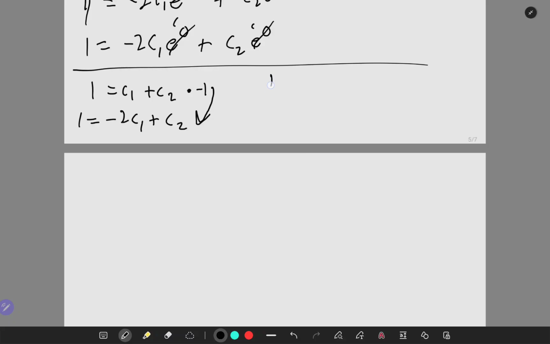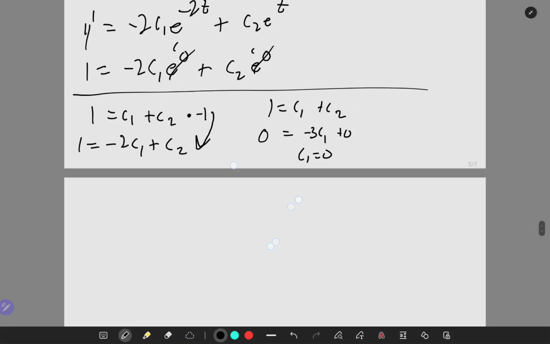We'll be left with 1 is equal to c1 plus c2, and this row would become 0, negative 3c1, plus 0. So then from this, we can already see that c1 is equal to 0. So this is elimination. I'll do a substitution too.